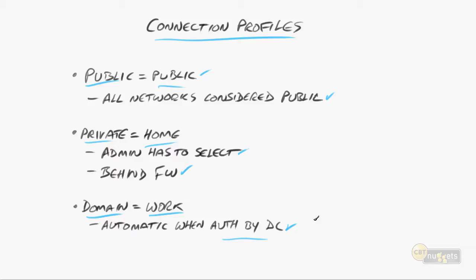But regardless, when it comes to firewall rules, you'll probably have different rules. For example, when you're in the domain, or in the work environment here, you might want to open up certain ports. Maybe you have a server that contacts your client every now and then that scans it for something. Maybe it scans it for viruses, or maybe it scans it for health checks or something like this.